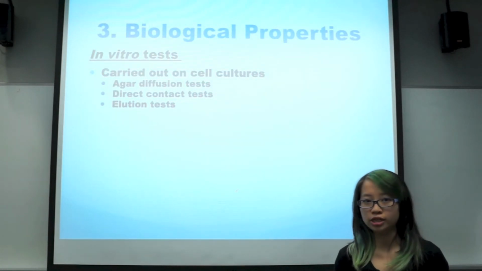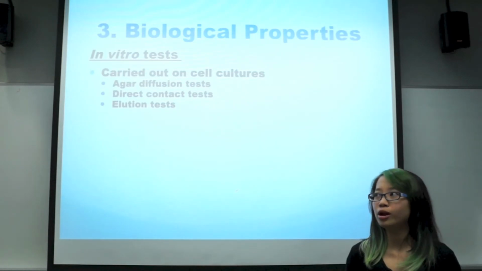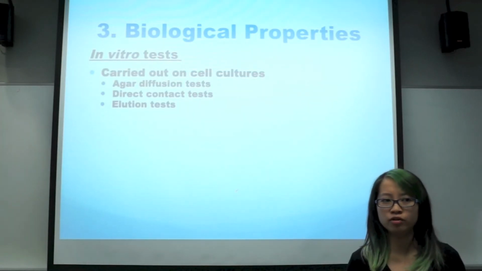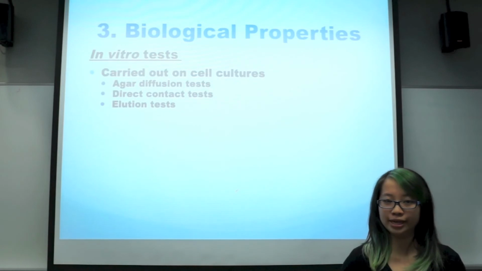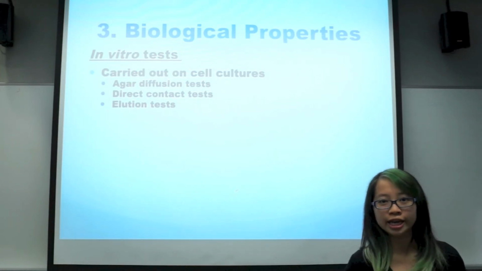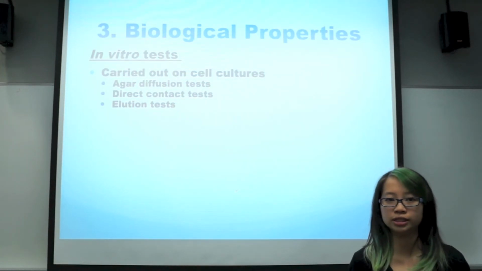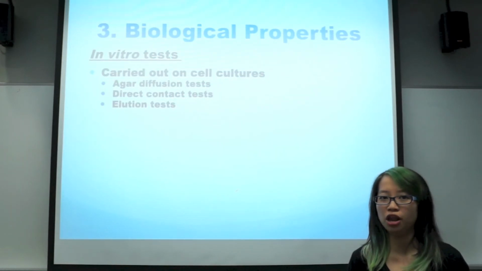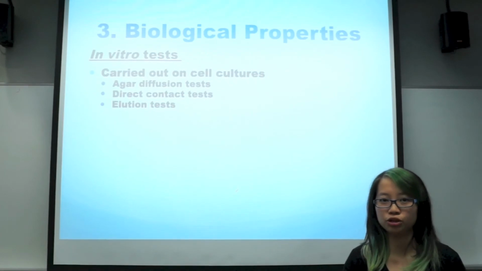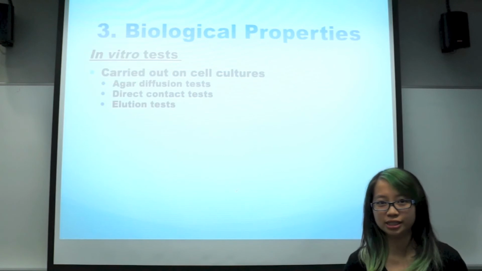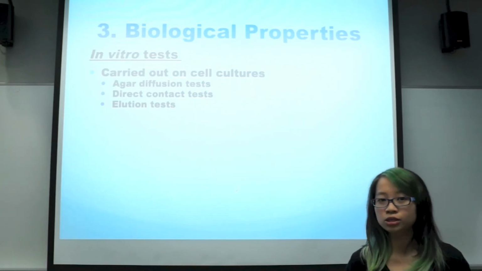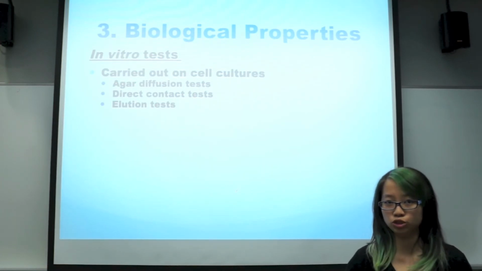The agar diffusion and direct contact tests are more or less the same in the sense that both of them involve the cutting up of the material and placing it directly onto the cell culture. And then you basically see if the cells react to the material. Direct contact test is for materials which are not so dense, which means that when you put it on top, you won't squash the cells. And the agar diffusion test is for materials which are dense enough to definitely squash and kill the cells, so you need to put an agar layer above it to cushion the impact.